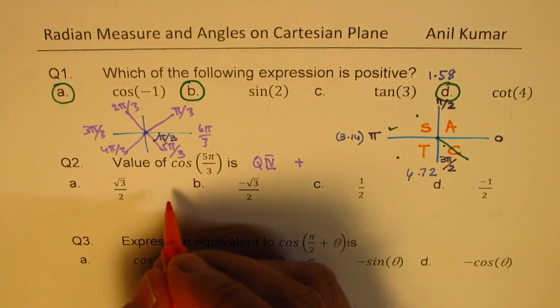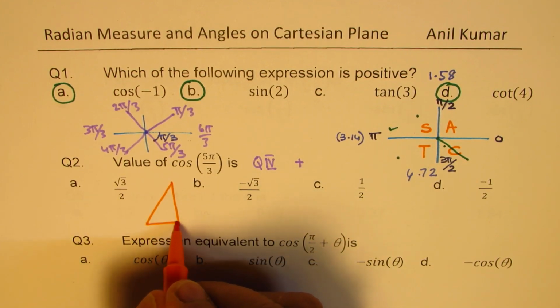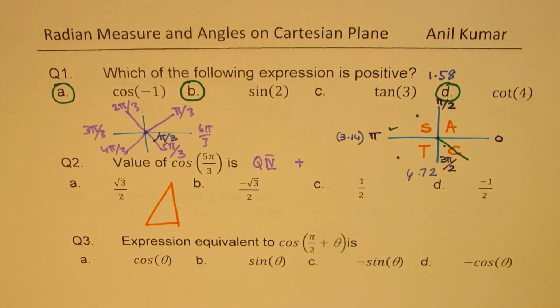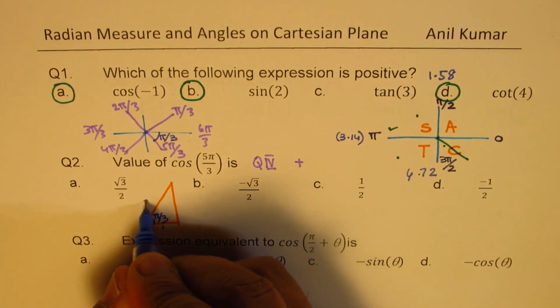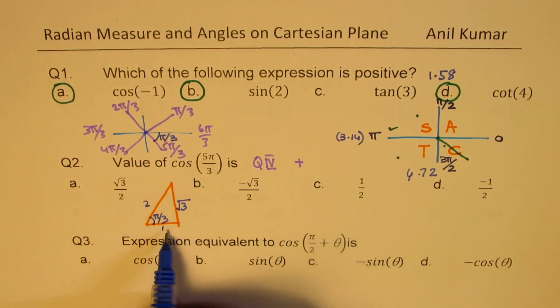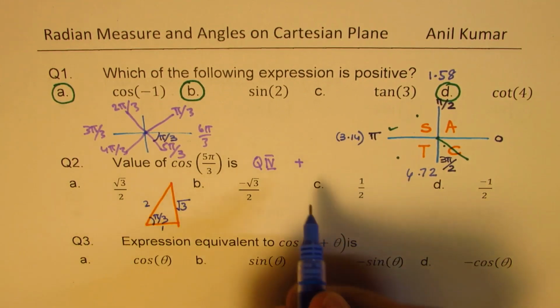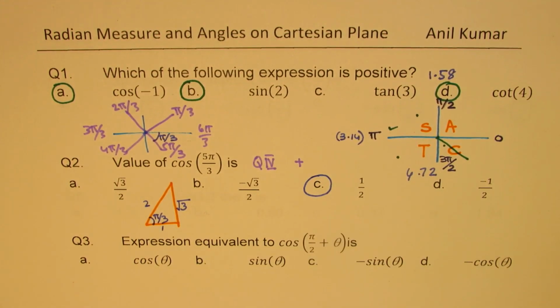So let's make our special triangle, which you should all know. For pi by 3, the sides are 1, 2, and square root of 3. We are looking for cosine, which is 1 over 2. So we get a positive half as our answer. Is that clear to you? That is how we are going to answer this particular question.